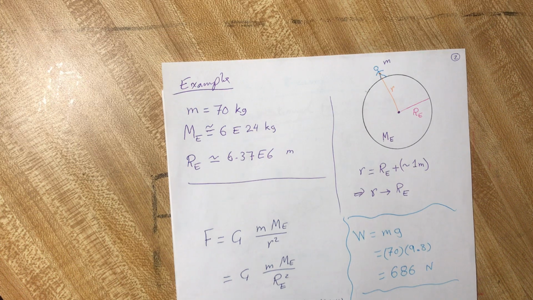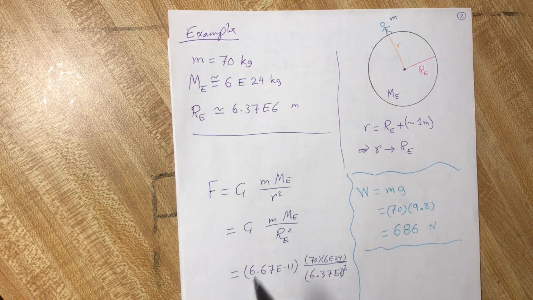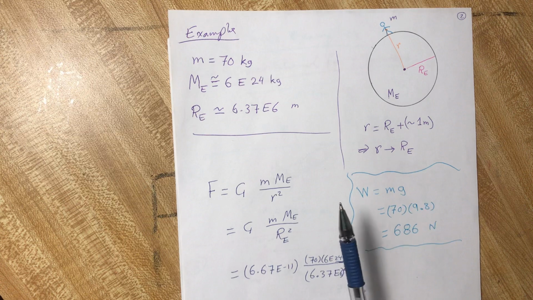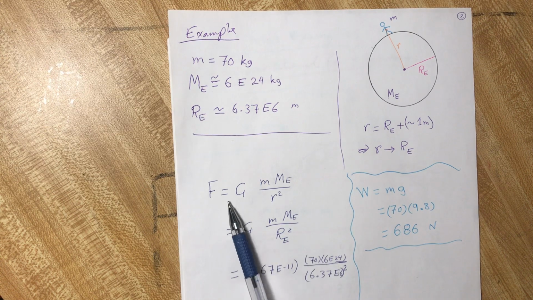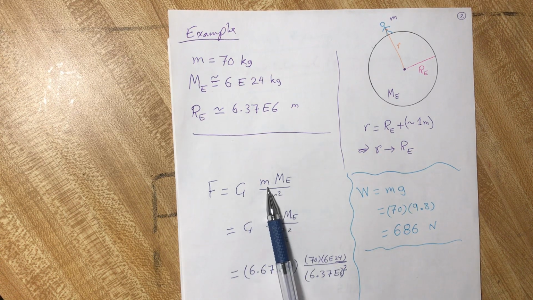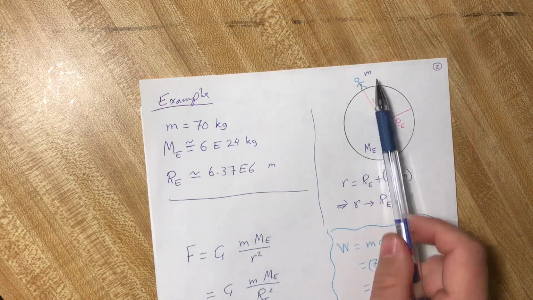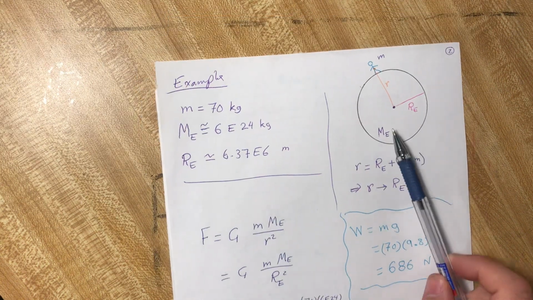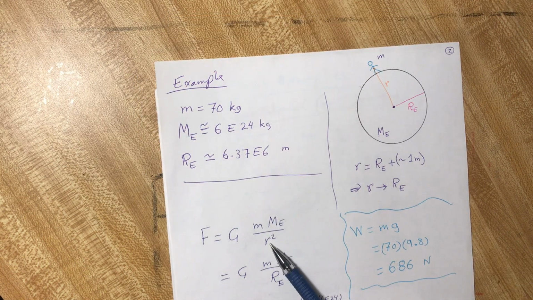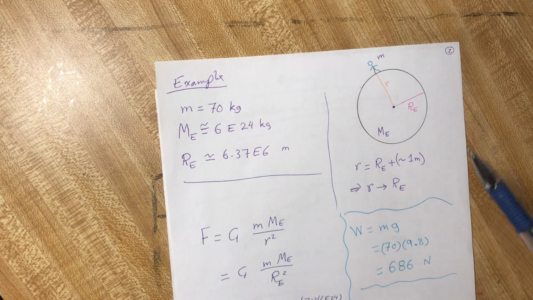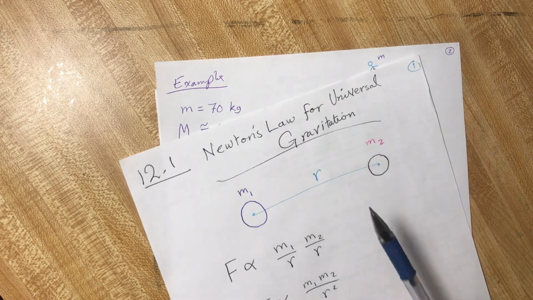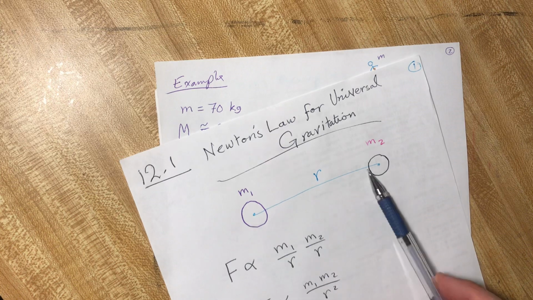Now we know that the formula of the attractive gravitational force is F equals G multiplied by M for the man, multiplied by M for the earth, divided over the distance between the centers squared. From here, we need the distance between the centers of these masses.